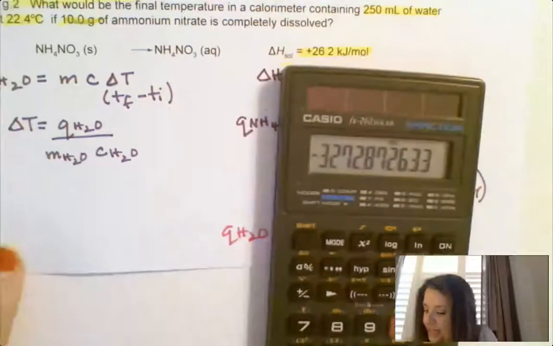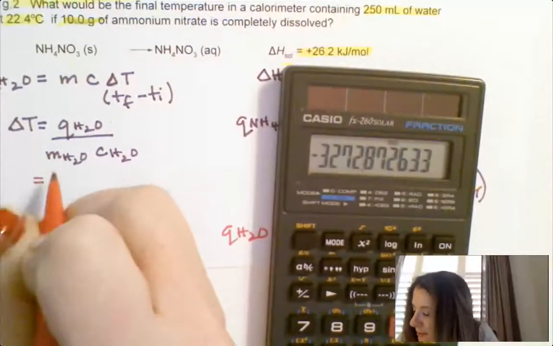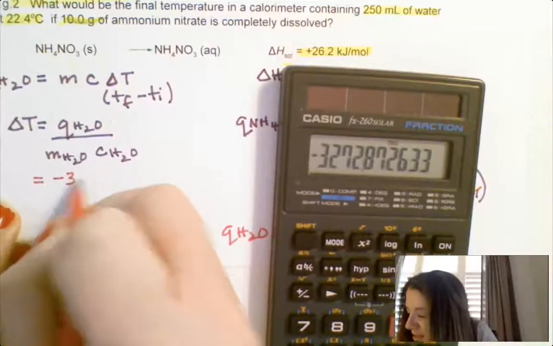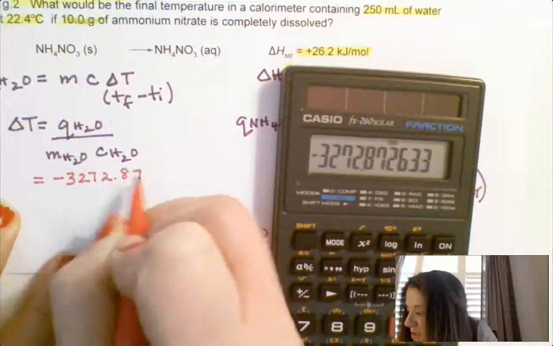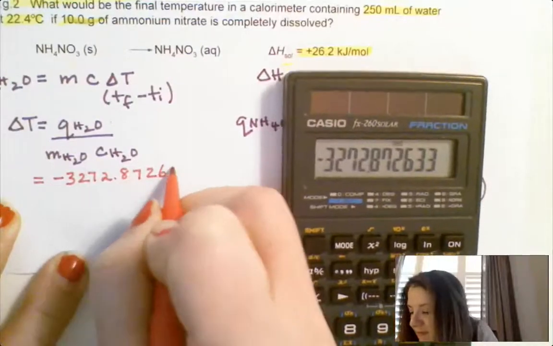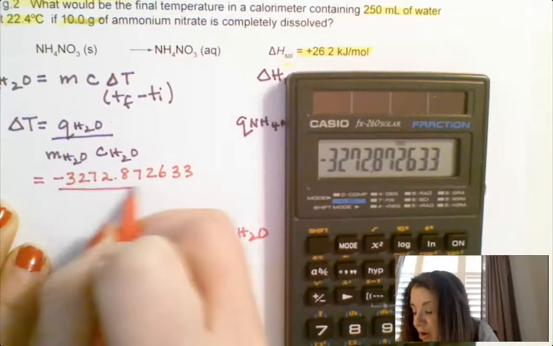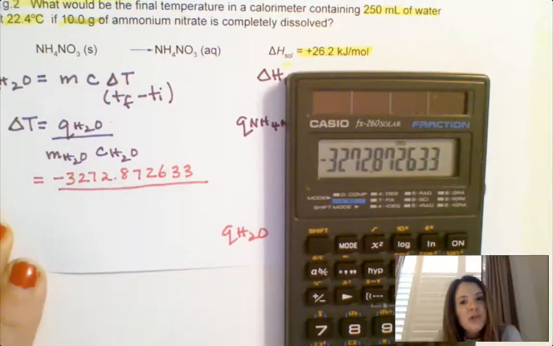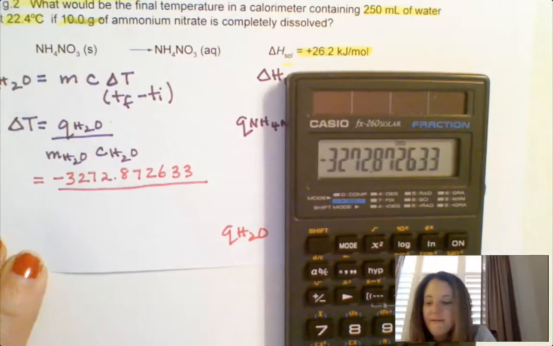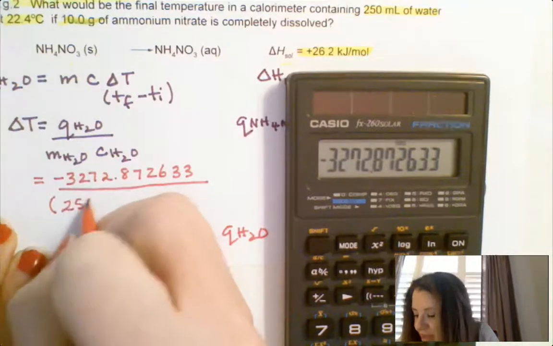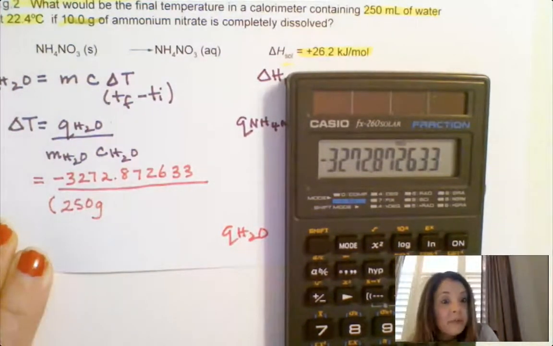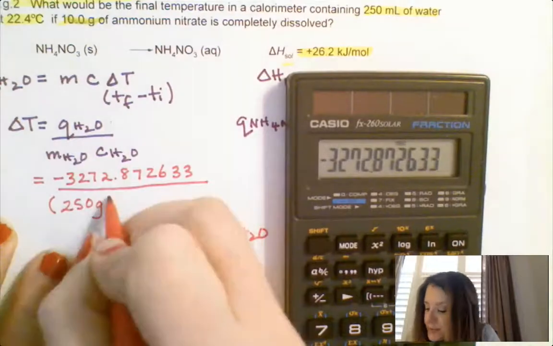So I have enough information now that I can plug in. So I have negative 3,272. Notice I am not doing any rounding in the middle of my equation. You cannot. Only at the very end do you determine your number of sig fig. The mass of my water is 250 grams because 250 milliliters equals 250 grams.